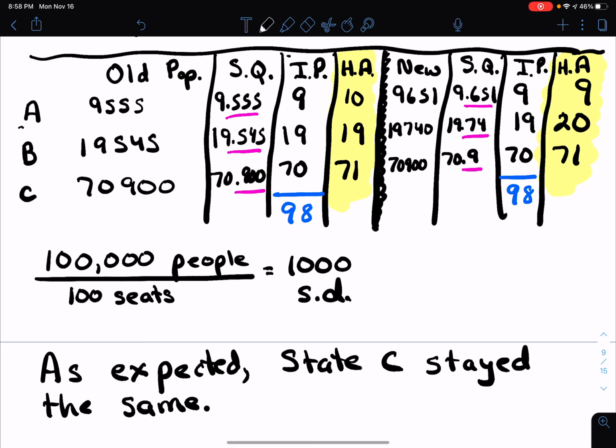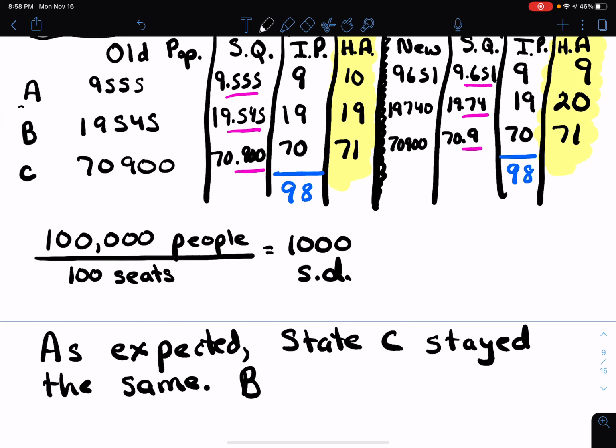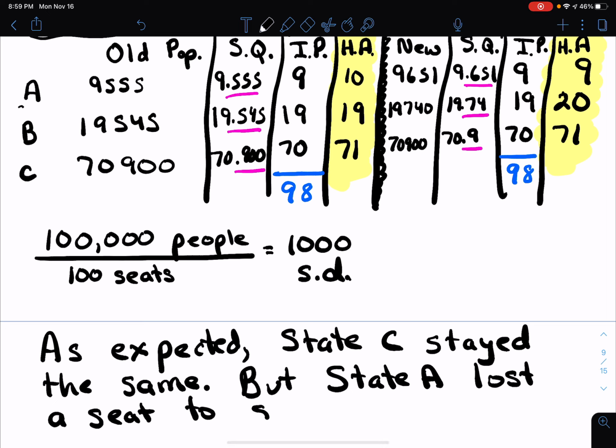But state A basically lost a seat to state B. Because originally, with the old population, state A had 10 representatives.